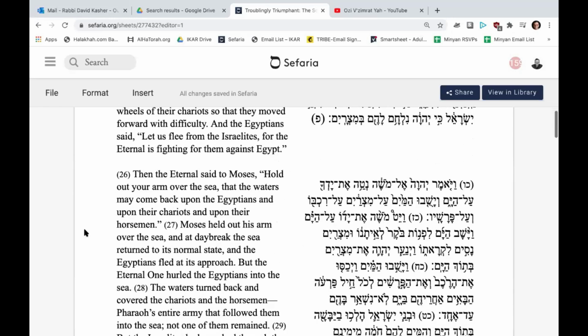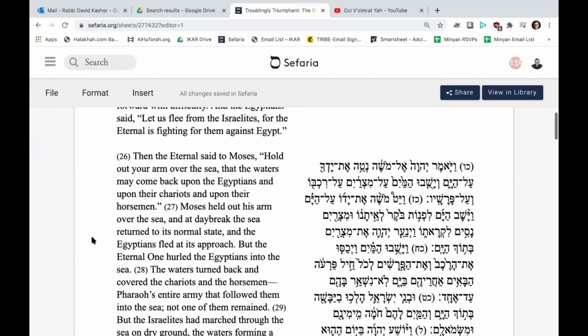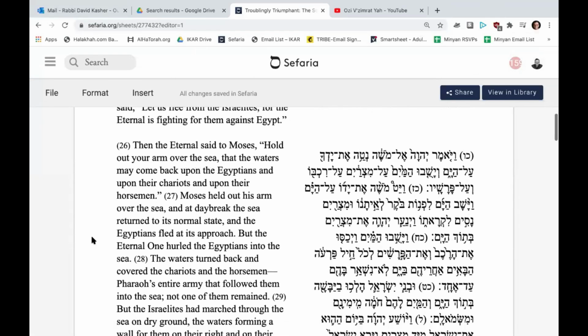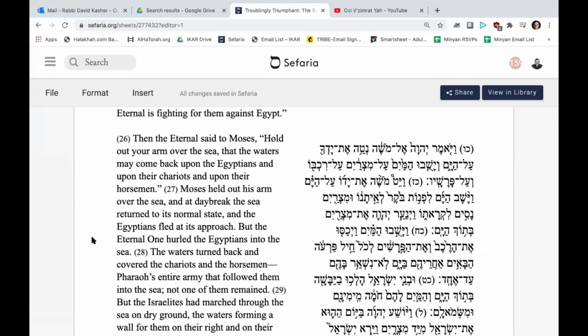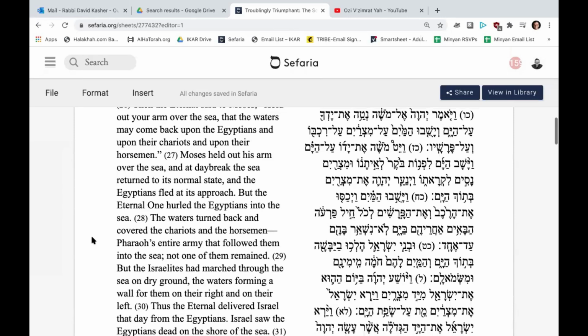Then the Eternal said to Moses, "Hold out your arm over the sea, that the waters may come back upon the Egyptians and upon their chariots and upon their horsemen." Moses held out his arm over the sea, and at daybreak the sea returned to its normal state, and the Egyptians fled at its approach. But the Eternal One hurled the Egyptians into the sea. The waters turned back and covered the chariots and the horsemen. Pharaoh's entire army that followed them into the sea, not one of them remained.